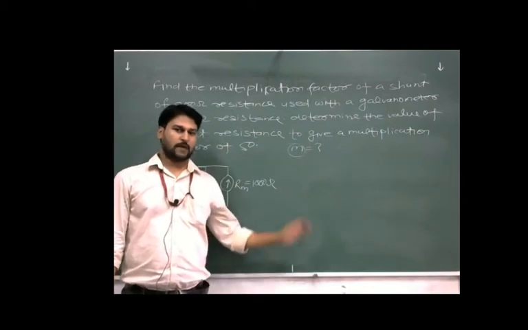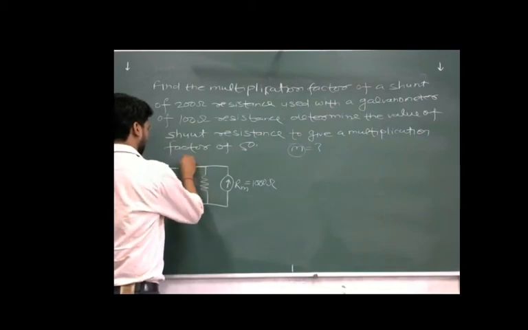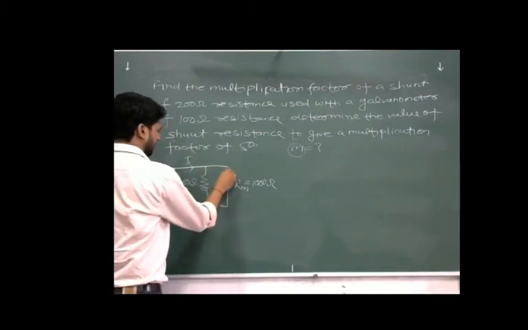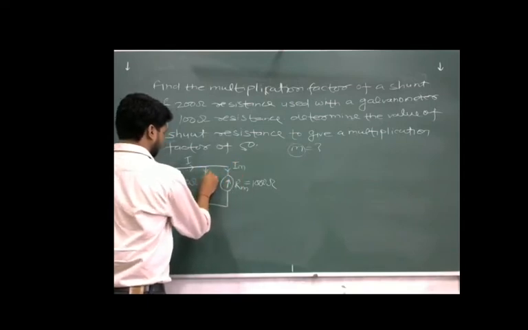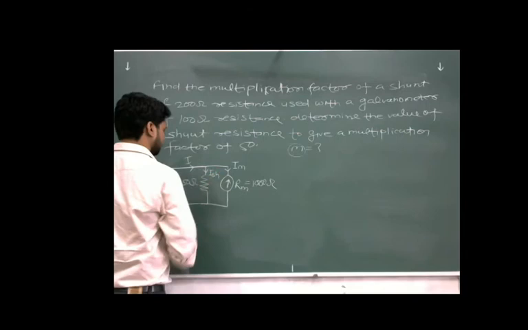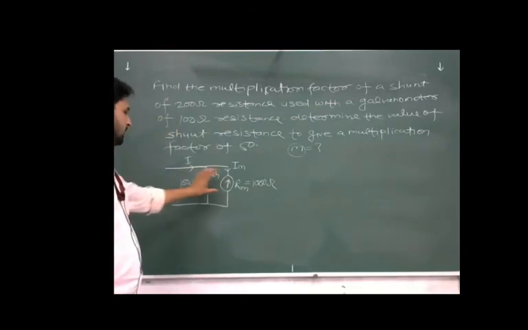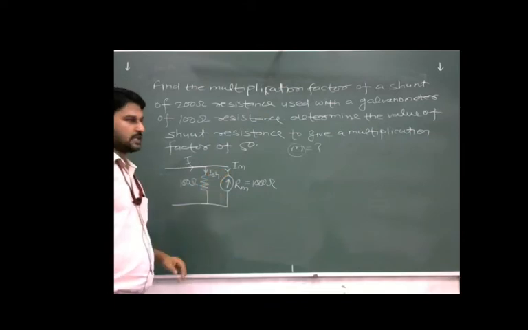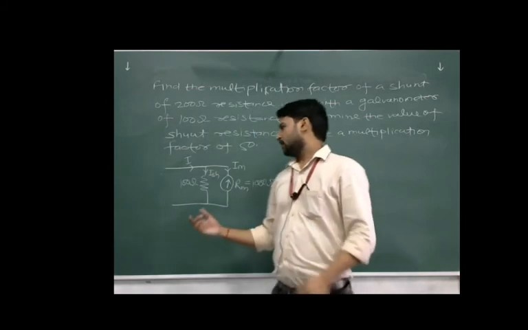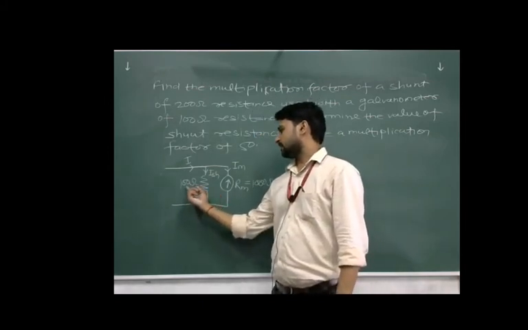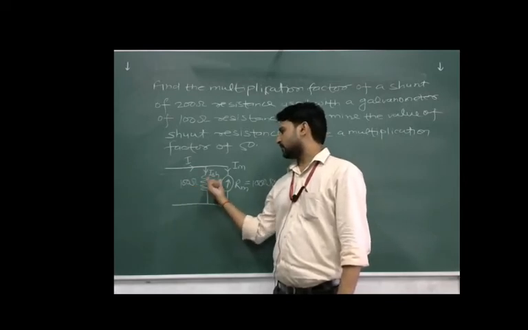If we go by the procedure, the current here is I, the current passing through this instrument is Im, and this current is ISH. We can write that the voltage across this branch will be equal to the voltage across this branch, because these two branches are connected in parallel. The voltage in this branch will be resistance into current, RSH, which means 100 ohm into ISH.